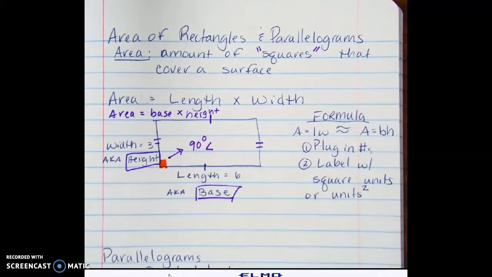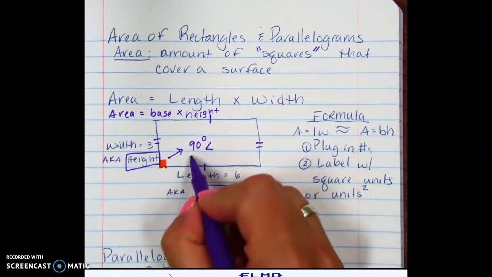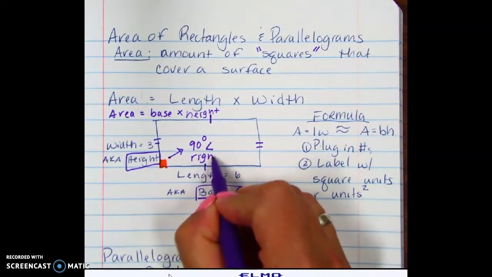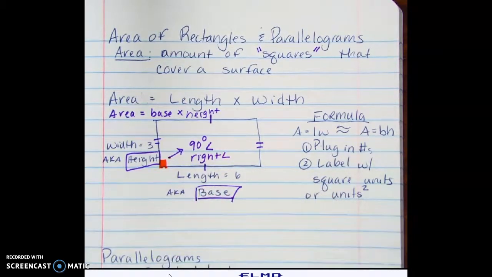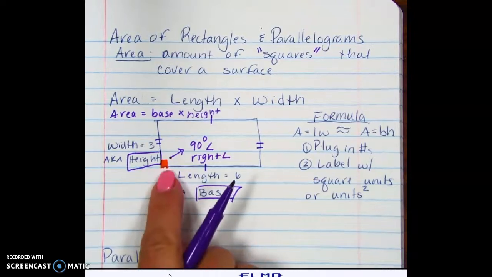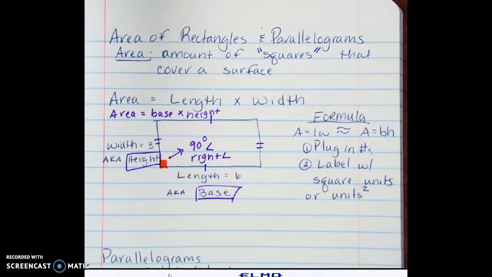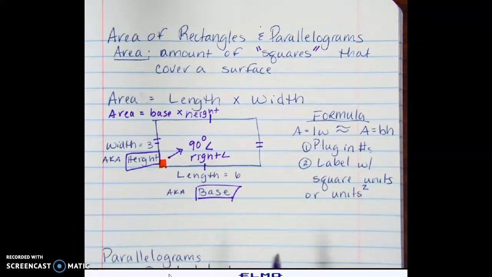That symbol means angle. It also is called a right angle. When you form a right angle, you end up with your height. It's going to be very important when you see this with a parallelogram. So with our rectangle, let's go ahead and solve for the area.